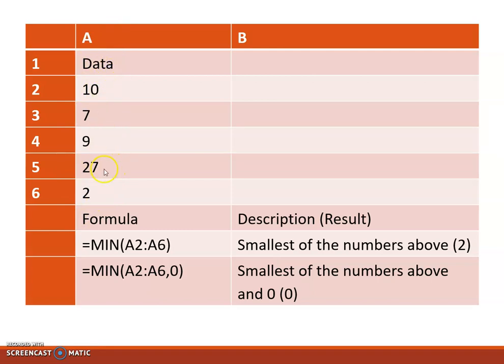So finding the minimum number, equal to MIN A2 colon A6, that is from A2 to A6, what is the least or the smallest number? The answer in the cell where I write down this formula will be 2. Now what if I write it down as MIN A2 colon A6 comma 0? It will find the smallest of the numbers above and 0.